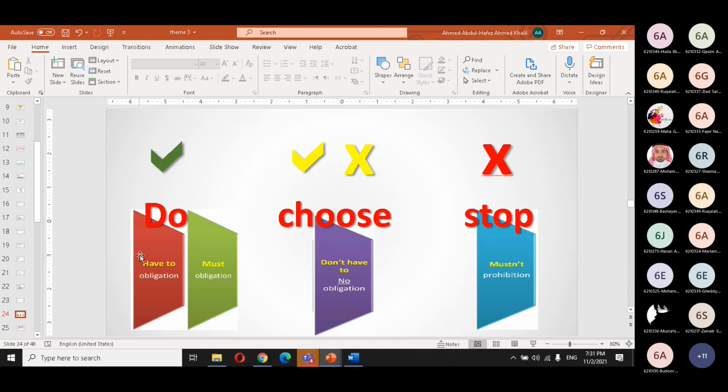يبقى أنا عندي اثنين فيهم إلزام. في إلزام إيجابي اللي هو to do something، مجبر تسوي الشيء.